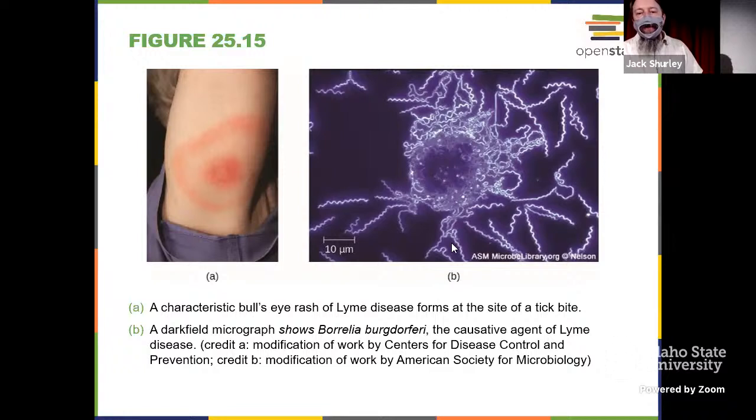So here's an image of the Borrelia, these little spirochetes, little corkscrew guys, ultimately the causative agent of Lyme disease. Willy Burgdorfer was the individual who was studying these. He was studying Rocky Mountain spotted fever up in Montana and had multiple other tick-borne illnesses that he was evaluating.